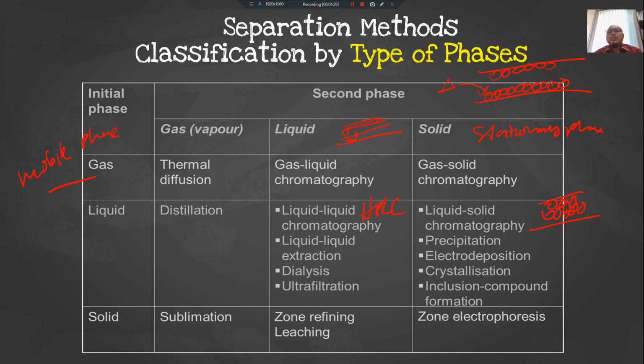So that is what we call the separation of solid and gas phase. So there are two phases over there, right? For solid and liquid, we can do zone refining or leaching. For solid and solid, we can do zone electrophoresis.